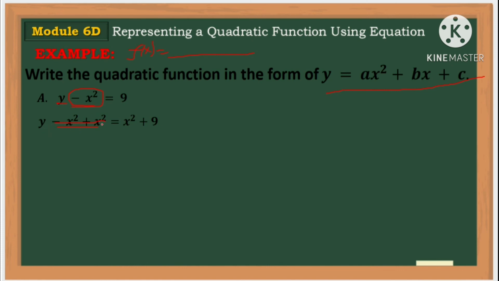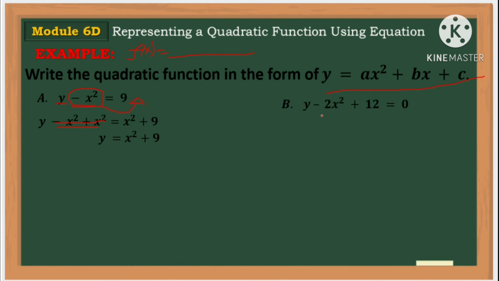Kung anong ginawa natin dito, kung nag-add tayo or nag-subtract, yun din ang lalagay natin dito. So, remaining is y is equal to x squared plus 9. Or usually kasi ang ginagawa na natin, kung ito ay negative x squared, pag linipat, transpose, magiging positive x squared. Okay, so same lang naman yan.